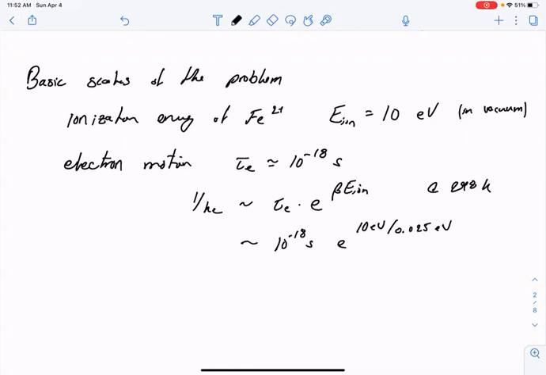The rate, or the characteristic timescale, so let's see, 10 divided by 0.025, so I have a 10 to the minus 18 here. How many times does 0.025 go into 10? There's about 40 in each eV, which means that there's about 400.